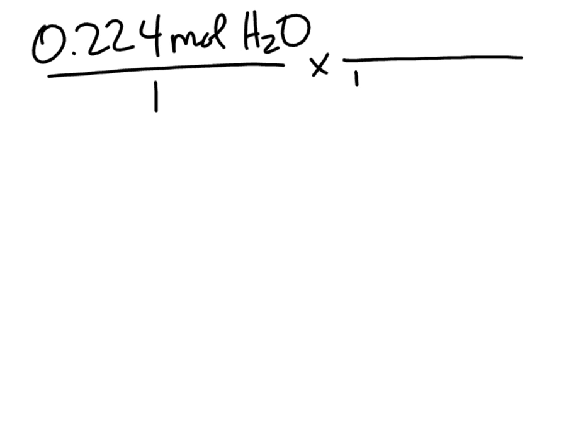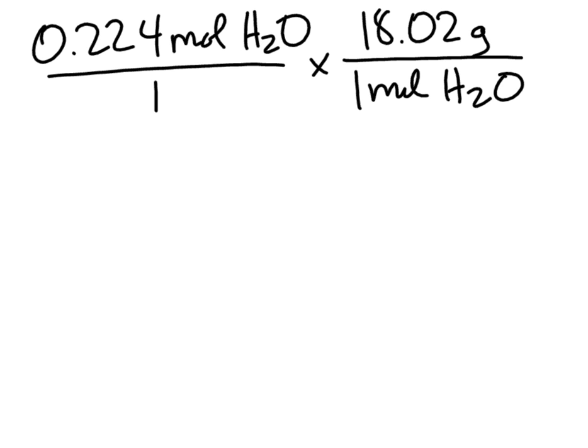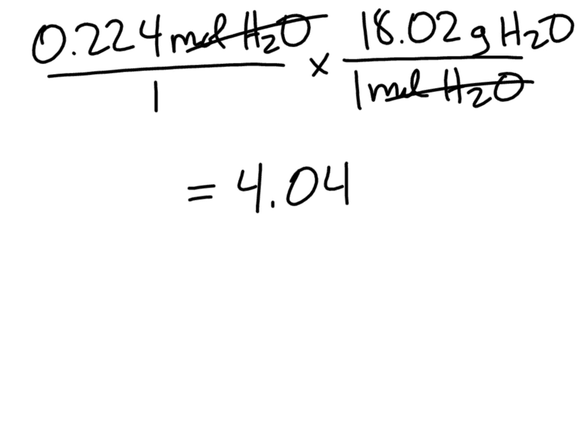Well, 1 mole of water is 18.02 grams of water, which means my moles cancel out. My final answer, with 3 sig figs, is 4.04 grams of H2O. That is my theoretical yield. That's as much water as I can make in grams.